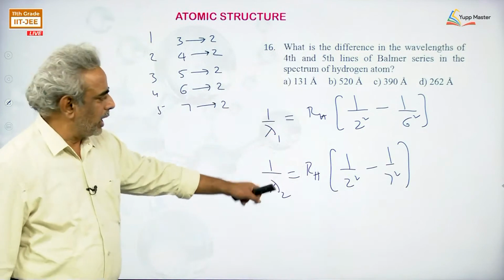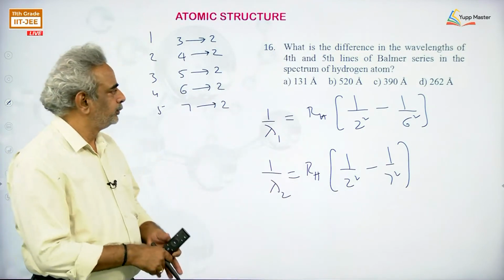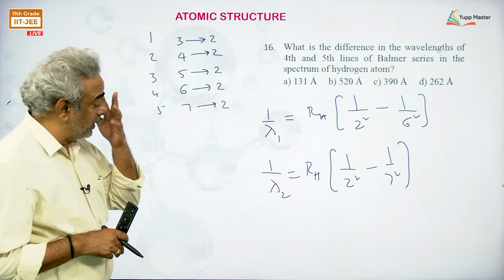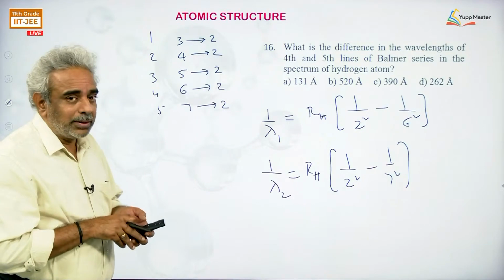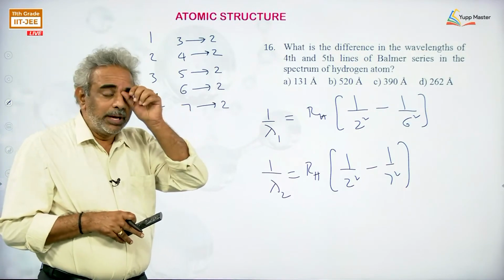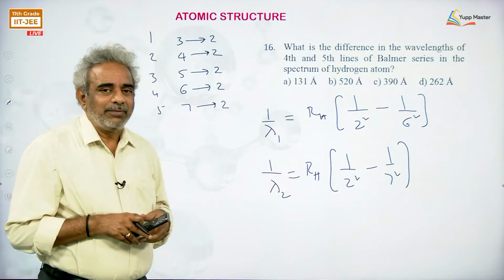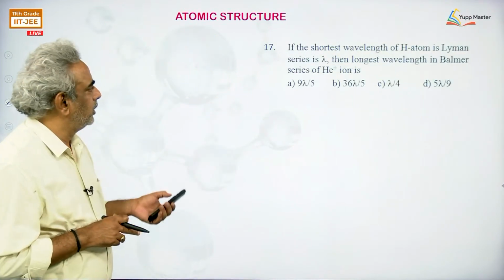So, separately you calculate lambda 1 and lambda 2 and subtract. That will give the difference in the wavelengths. But do not calculate the energy gap and then the corresponding wavelength. Go per individual wavelength and subtract. The question is like that.